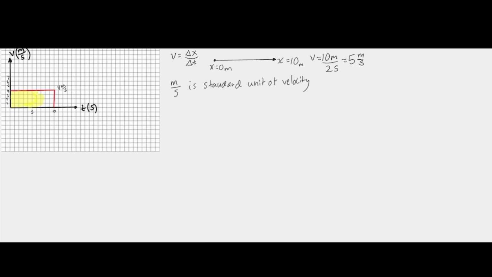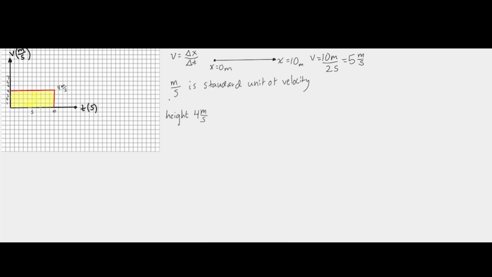The base is 10 seconds. So what do we get for the area when we multiply those two values together? Let's write that out over here. We're interested in the area under the velocity versus time graph that we have. So our height is 4 meters per second.